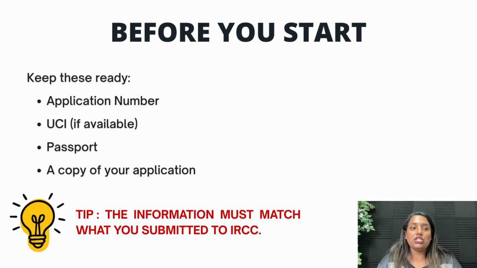So if the information that you are entering to link your application is off by a number or a digit, or something is not matching, you will not be able to link your application to GCKey. Unfortunately, that's how it works. So whatever you have given in your IRCC application, you need to keep track of it and use that to link it to your GCKey.